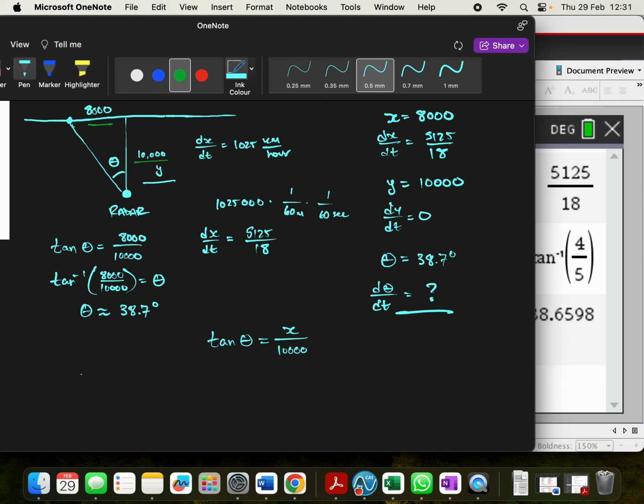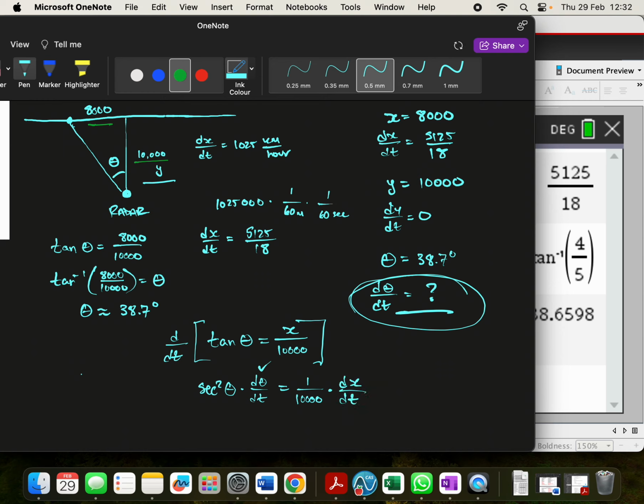And now I'm just going to take the derivative of this with respect to t and see what happens. Tangent gives secant squared theta times d theta dt. That's good because that's what we're after. That's going to be equal to 1 over 10,000 times the derivative of x with respect to time.